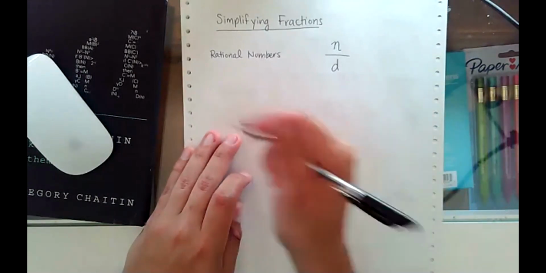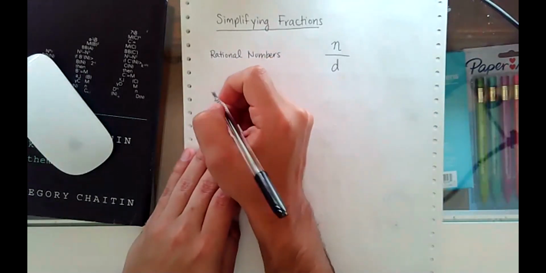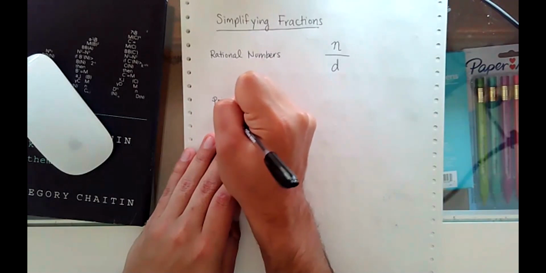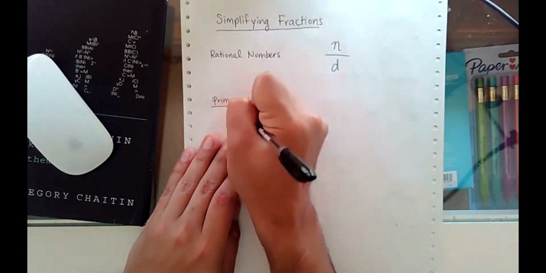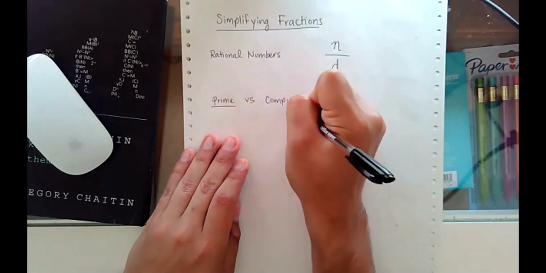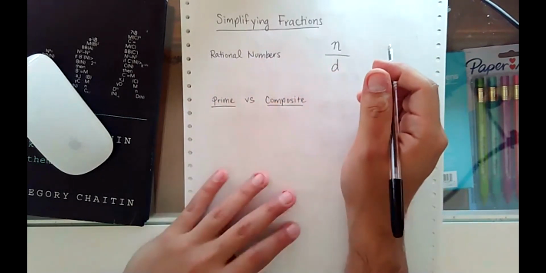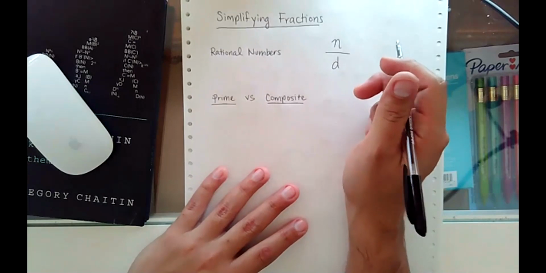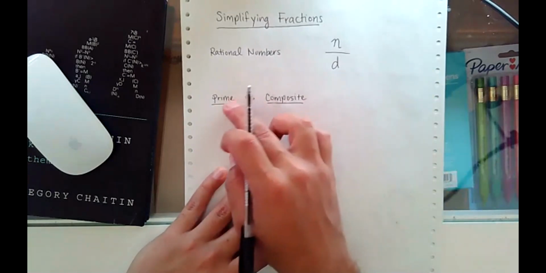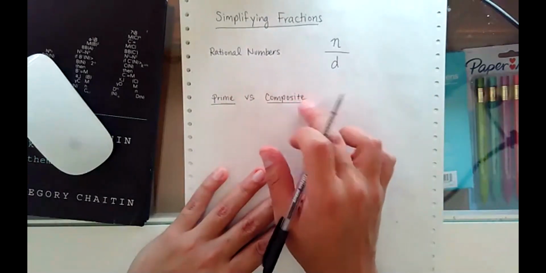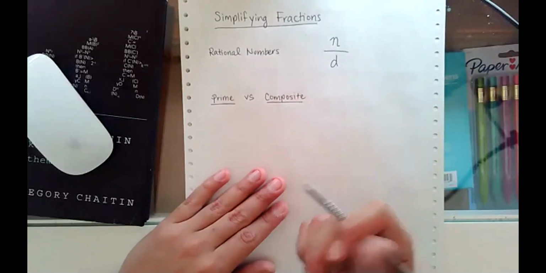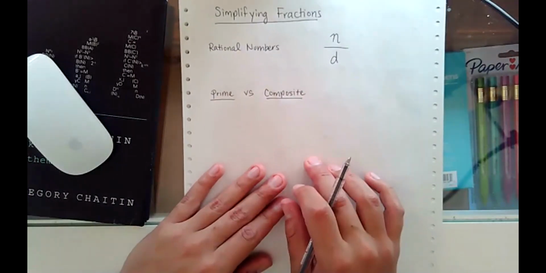But now I want to introduce you to this idea of prime versus composite numbers. And I promise you, I'm not complicating your life for no reason. This idea of identifying prime numbers versus composite numbers and breaking down composite numbers is going to be super useful throughout the semester.